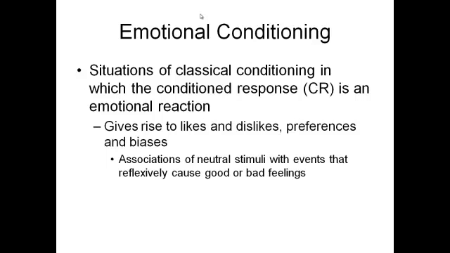So in other words, likes and dislikes come about through classical conditioning. If we look at our human personality from the point of view of classical conditioning, we could say that we learn to have automatic physiological reactions to things. And these automatic physiological reactions essentially become part of our personality.